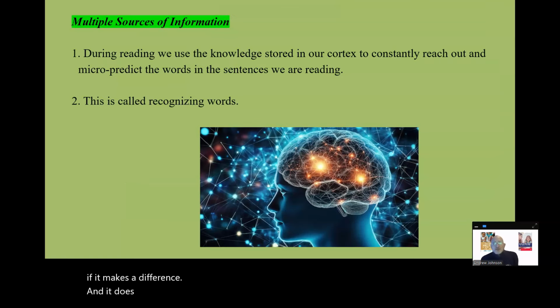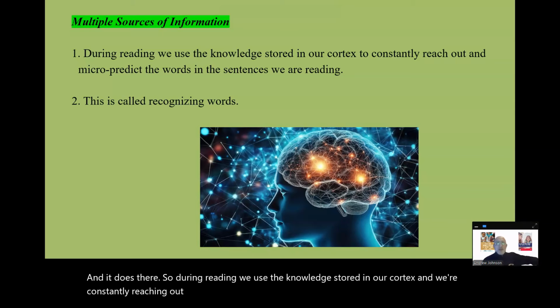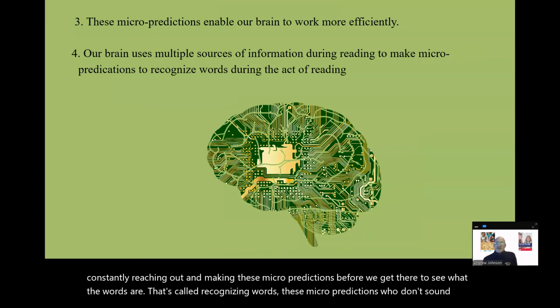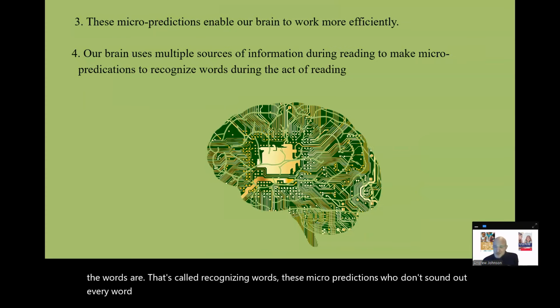So during reading, we use the knowledge stored in our cortex, and we're constantly reaching out and making these micro predictions before we get there to see what the words are. That's called recognizing words. With these micro predictions, we don't sound out every word. These micro predictions enable our brain to work more efficiently.